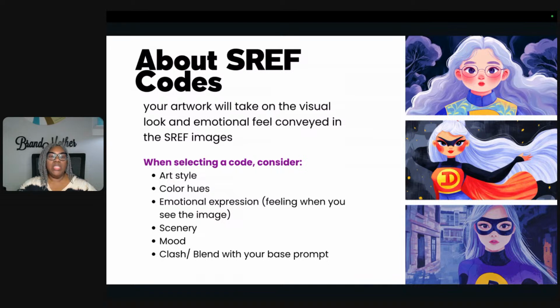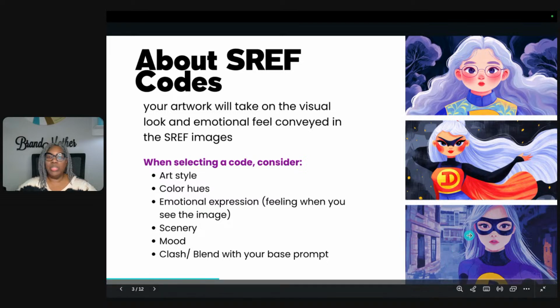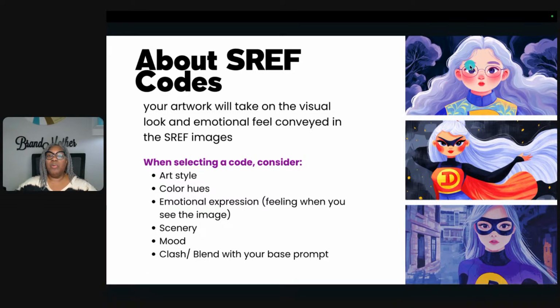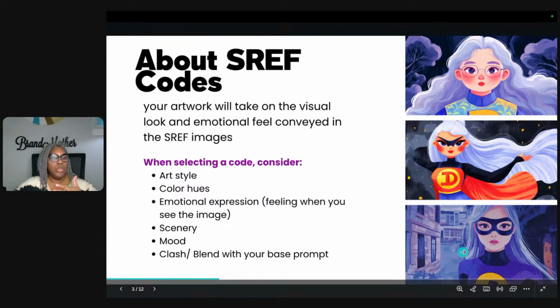It's going to take on any scenery or background. It's going to take on a mood, right? So this one here is the same SREF code, but down here is kind of dark, moody. In general, even though it's vibrant, it still is kind of a dark, moody tone to it.